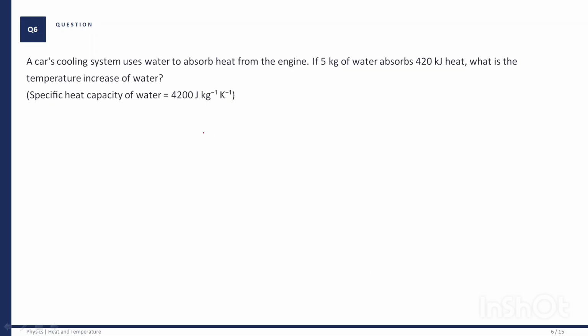For this question, what we need to find? Temperature increase. What is given? Mass, heat energy, specific heat capacity. It is given in SI system. Q is given, and this is the C. I need to find the temperature difference.